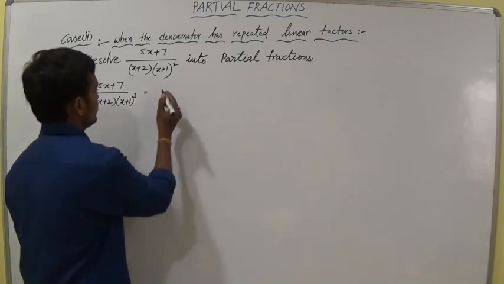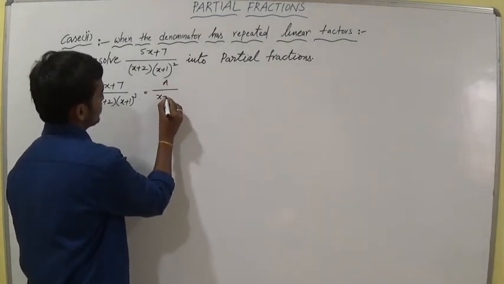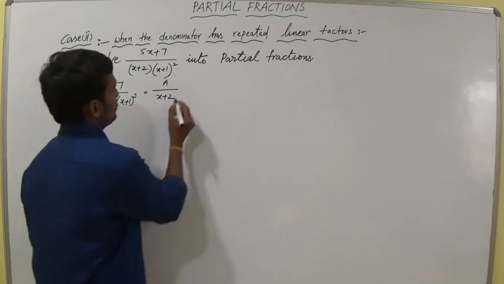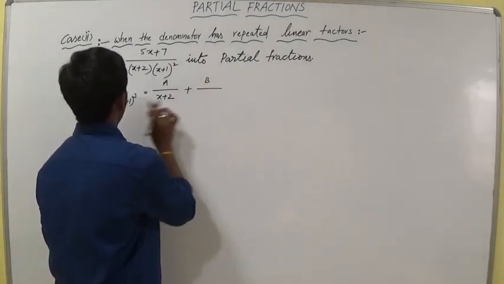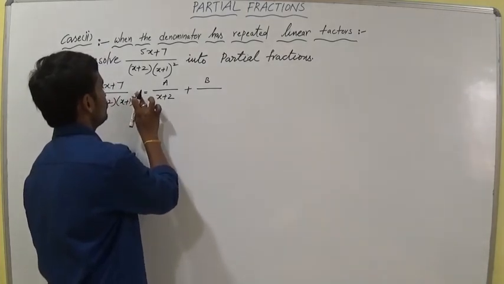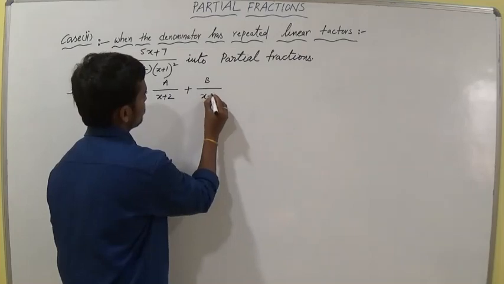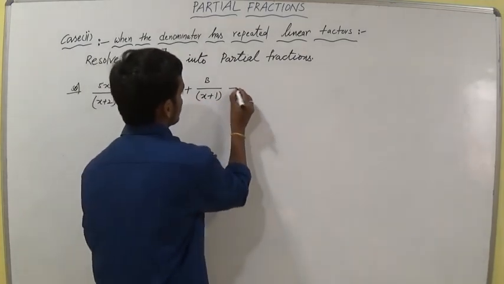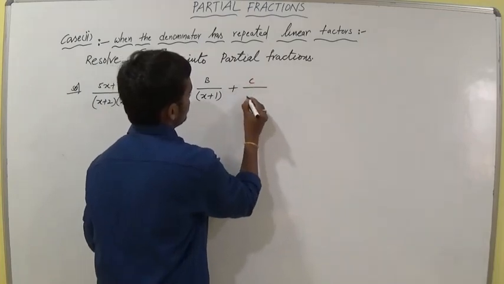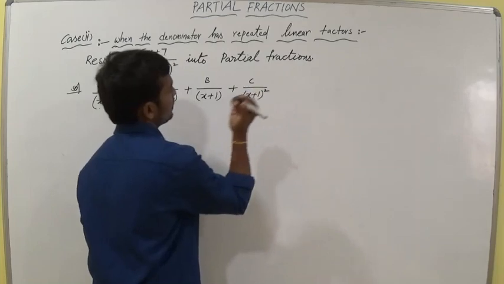So I am writing a by x plus 2, plus b by x plus 1, plus c by x plus 1 whole square.